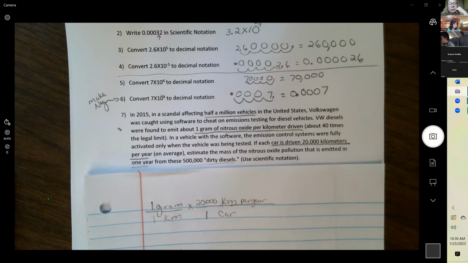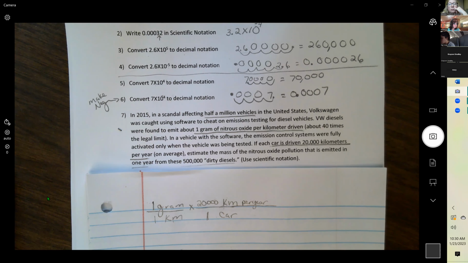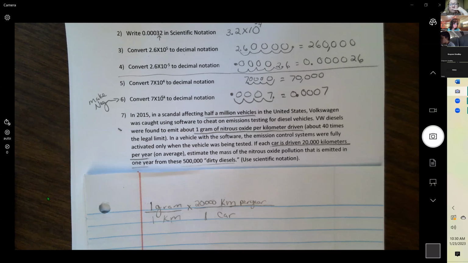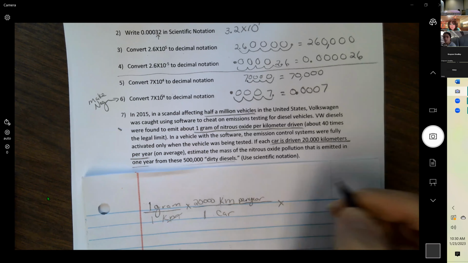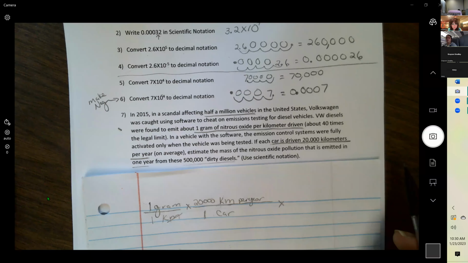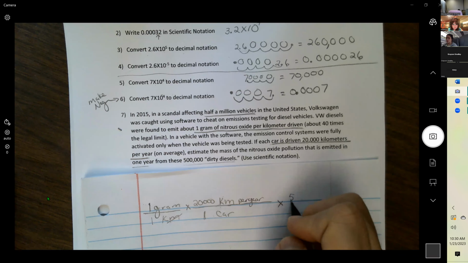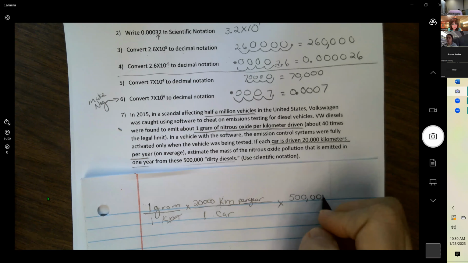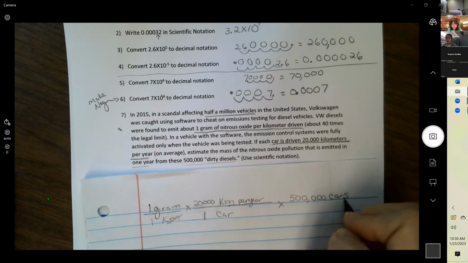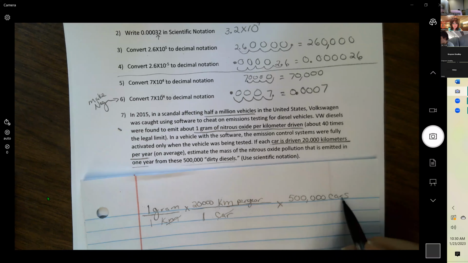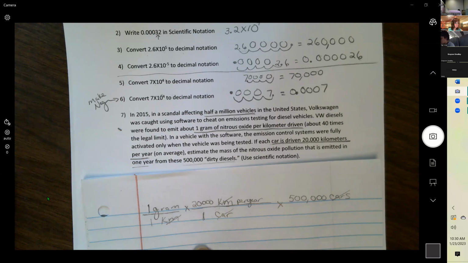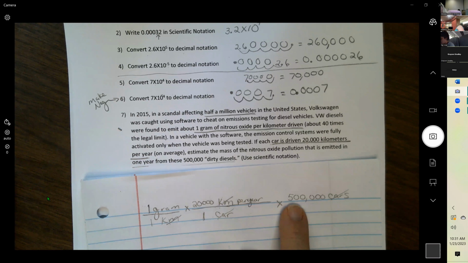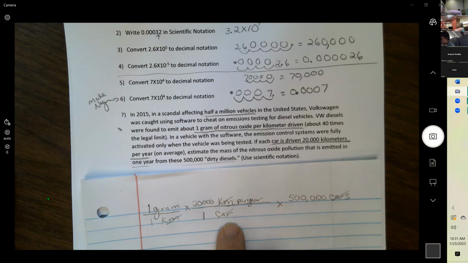And then we need, let's see, the 500,000 cars. So my kilometers canceled. And if I multiply by my 500,000 cars, they will cancel.